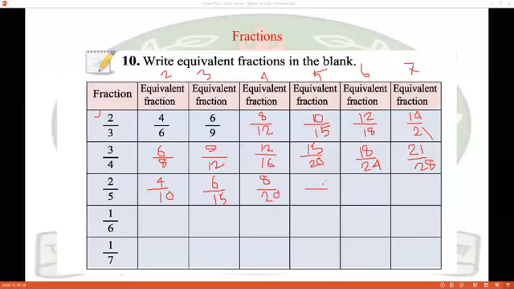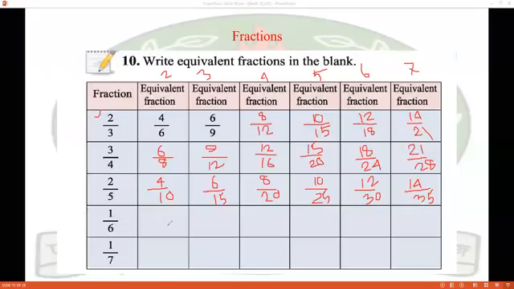Here we write 10 by 25. Here we write 12 by 30. Here we write 14 by 35.